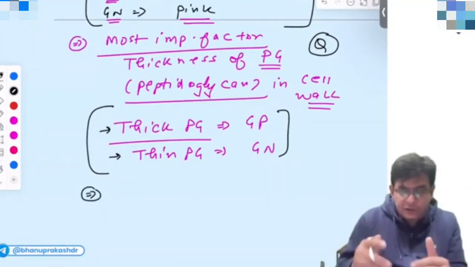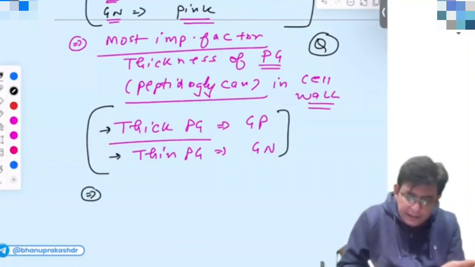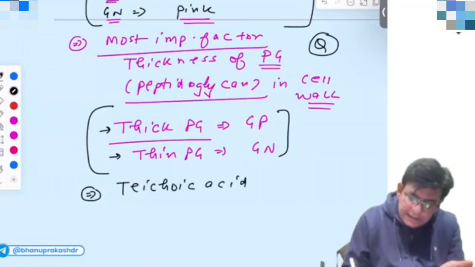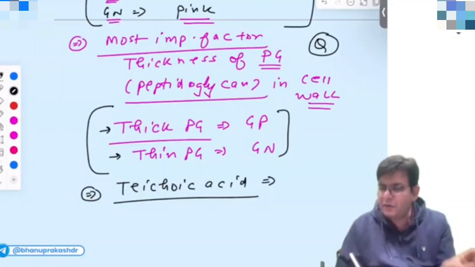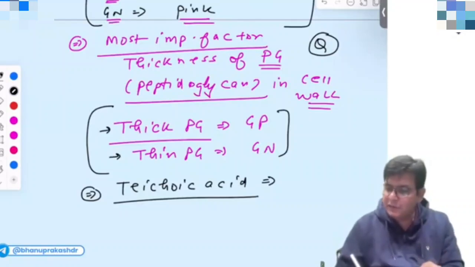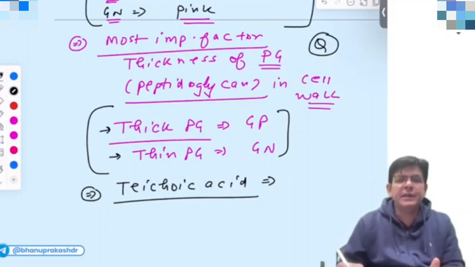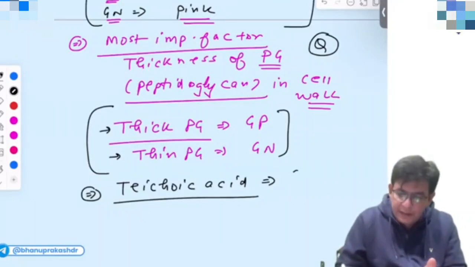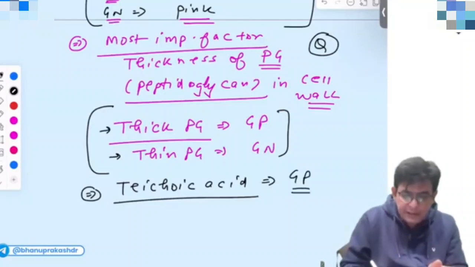I'd like to tell the question which came recently in your exam. Teichoic acid is a feature of gram positive cell wall or gram negative cell wall? The answer is gram positive.